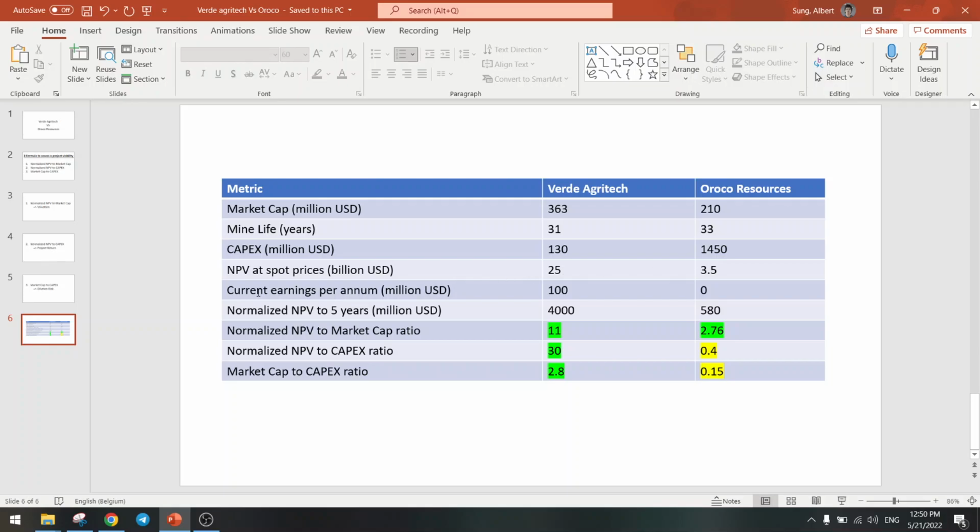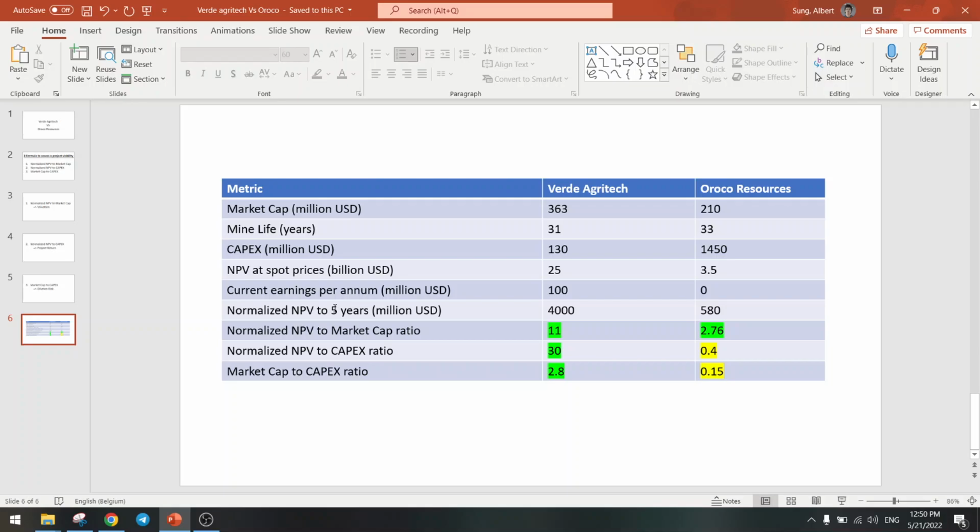Then we look at the current earnings. You can see that Verde already has earnings, 100 million. Oroco is just an exploration company with no cash flow. I just wanted to put this in here because this has an effect on the dilution risk. Then we calculate the normalized NPV.